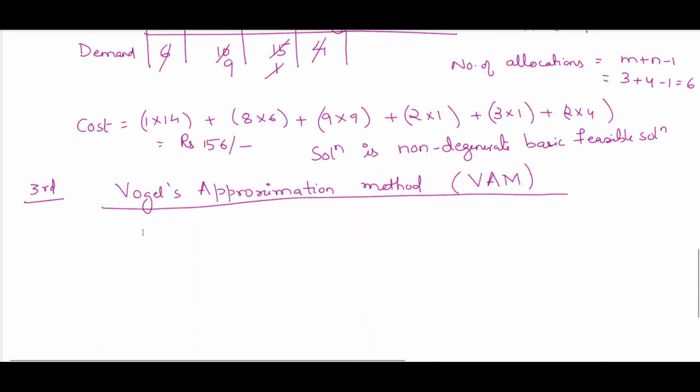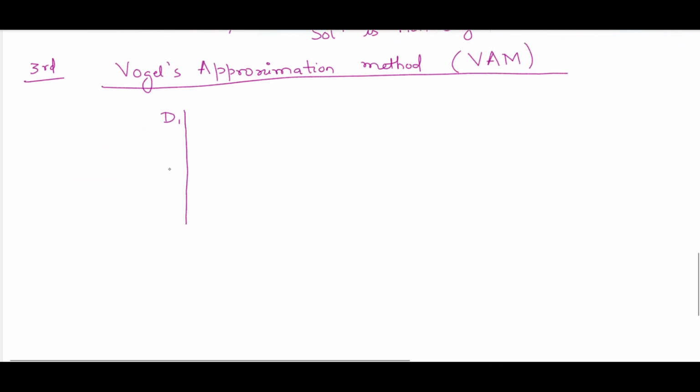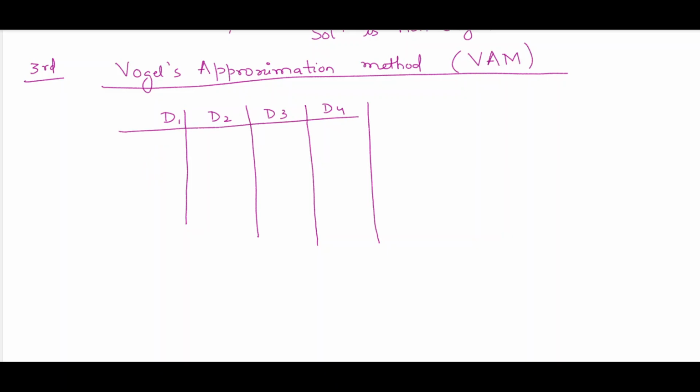So the same problem I'll work out by Vogel's approximation method. D1, D2, D3, D4. This is the demands.